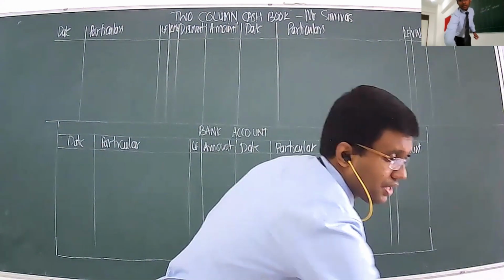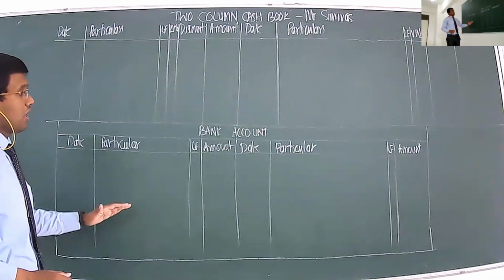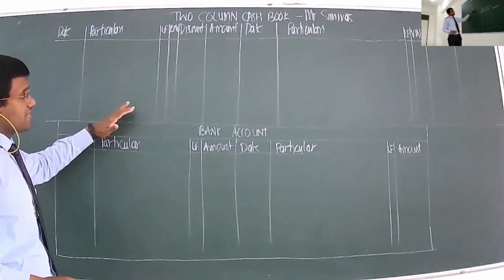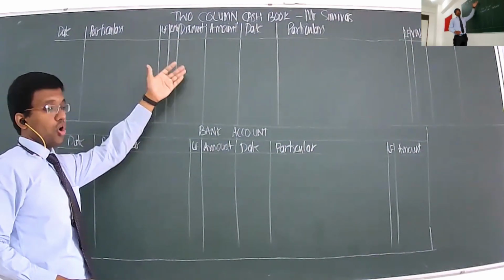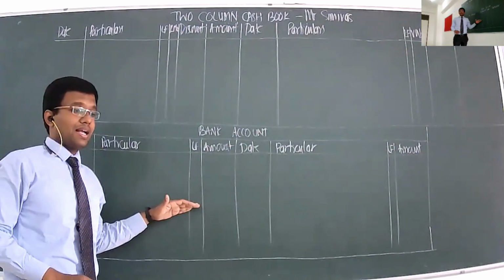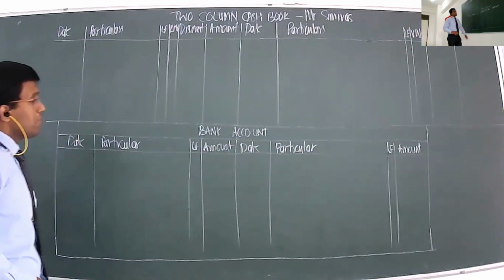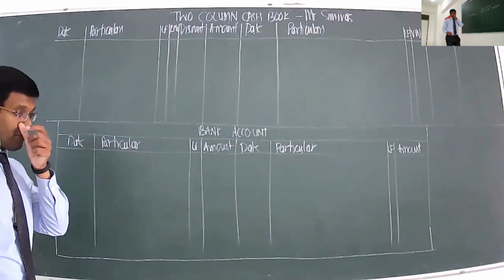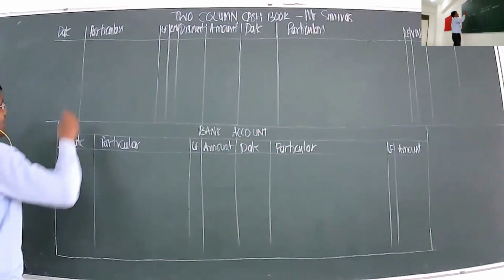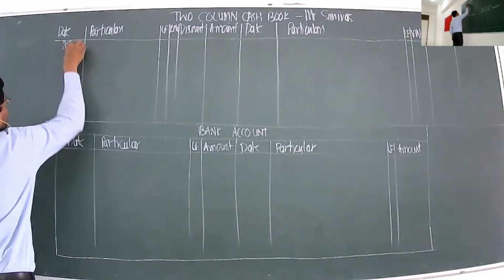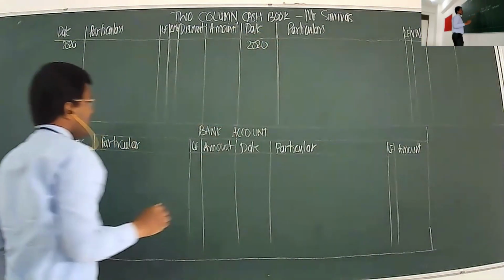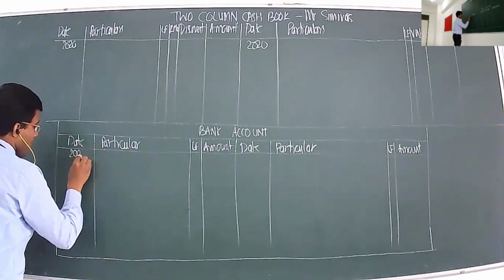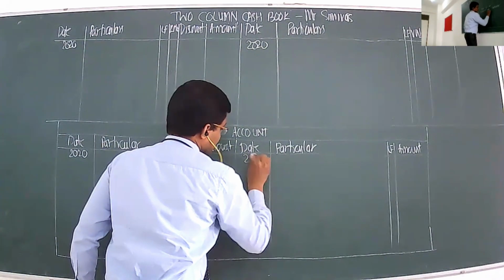Please remember, all your check transactions you have to simultaneously enter into your two-column cash book as well as your bank ledger account. That is how we will be working this out. Let's look at the first transaction. Please remember, all these transactions are taking place in 2020.